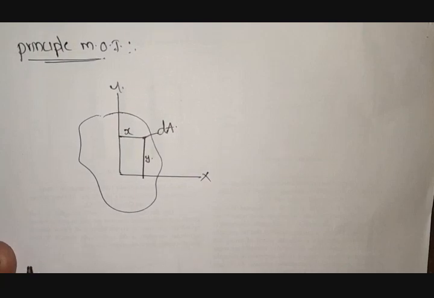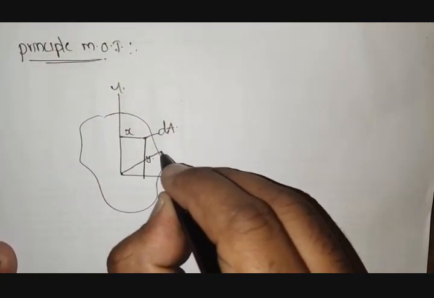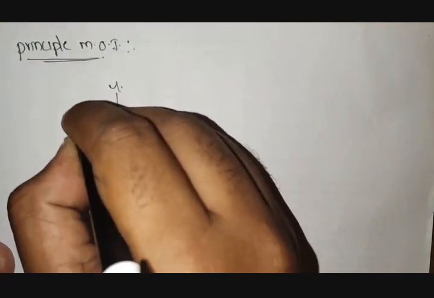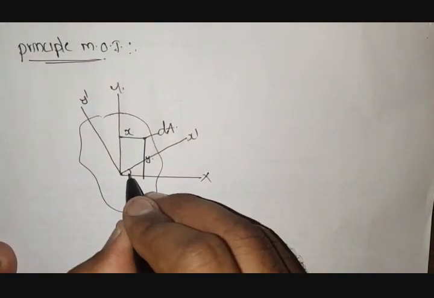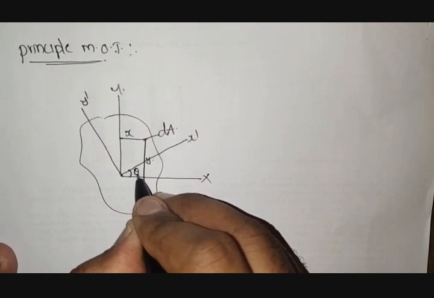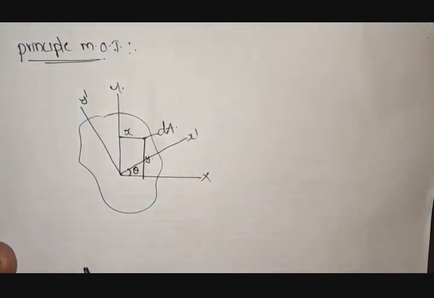When it has rotated to some angle, it is going to differ into x dash, y dash, and it makes some angle. This angle we have to find out.